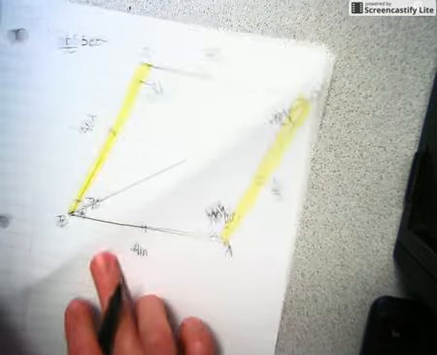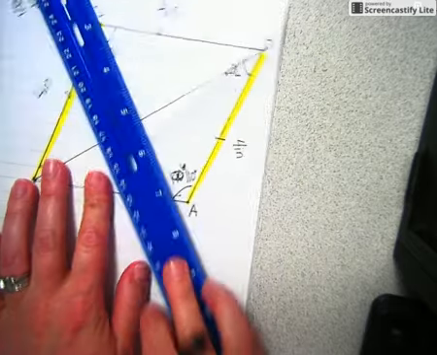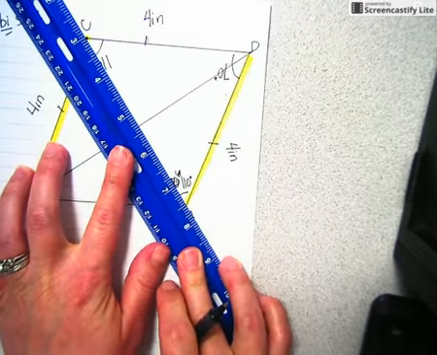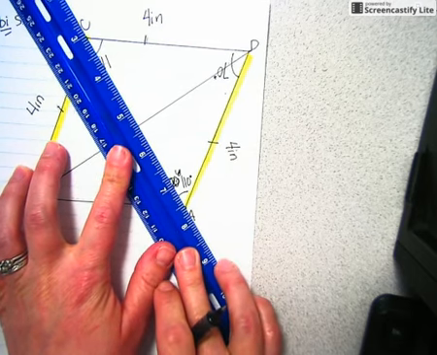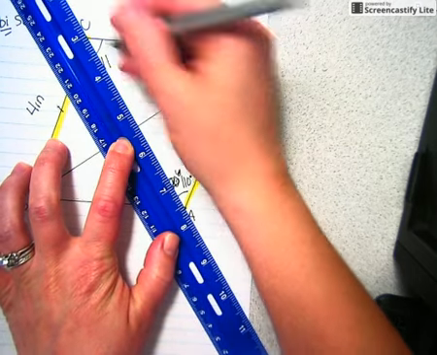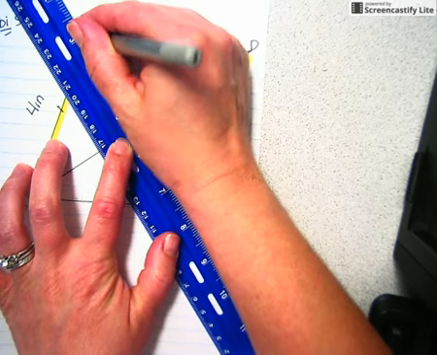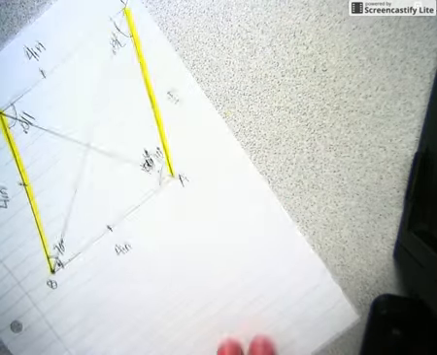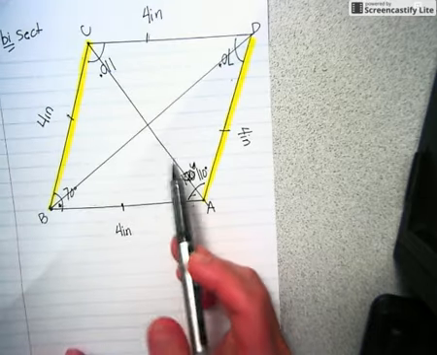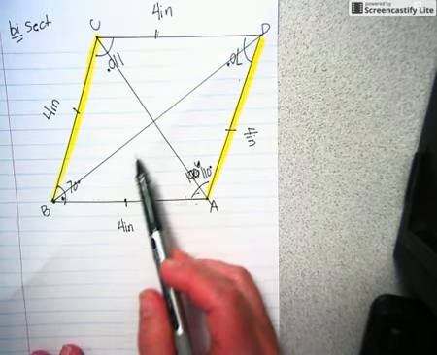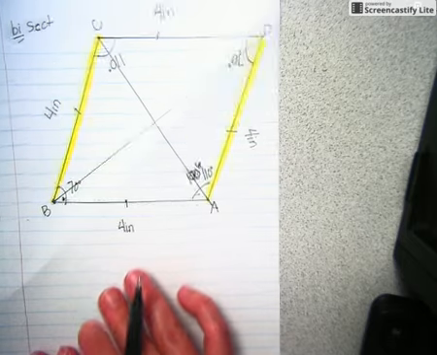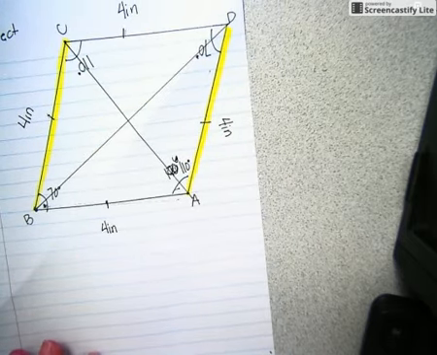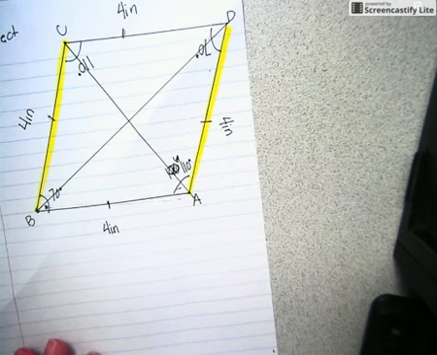So what I can do then is I can go the other direction and I can connect these as well. All right, now when I bisect this shape, I end up with this X in the middle, okay? And these are all angles that are formed by bisecting it.